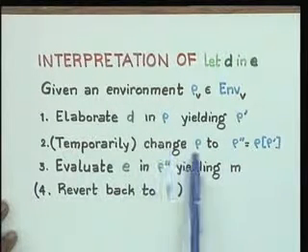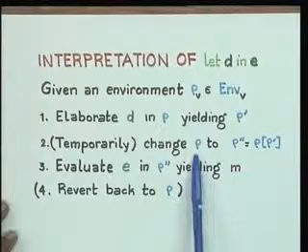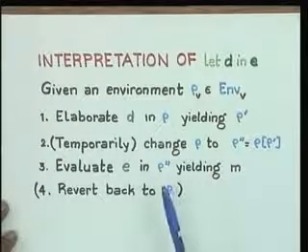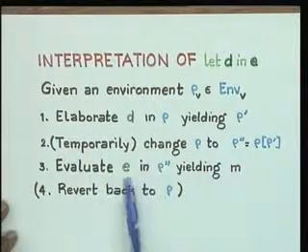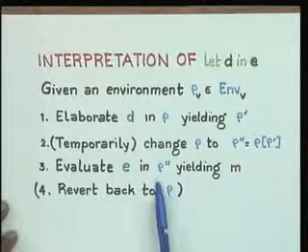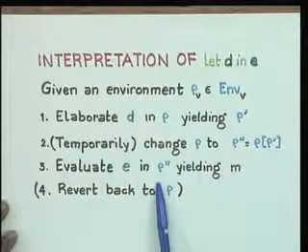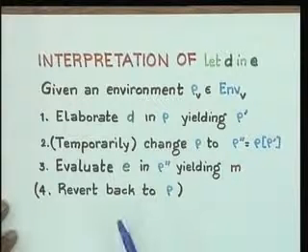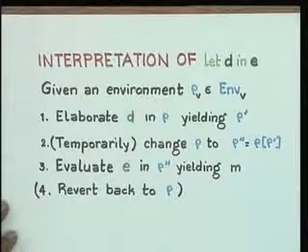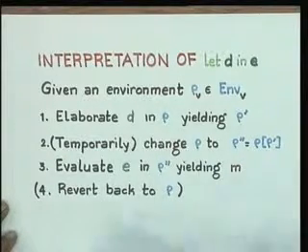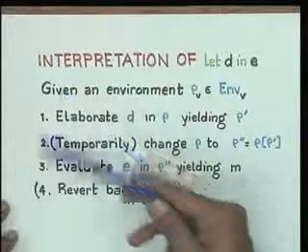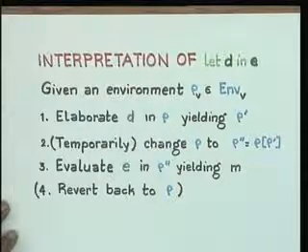So you temporarily change rho to rho updated with rho prime and evaluate E in this new environment till it yields an M, and then you revert back to the original environment. So several applications of the expression transition system should essentially boil down to these steps.